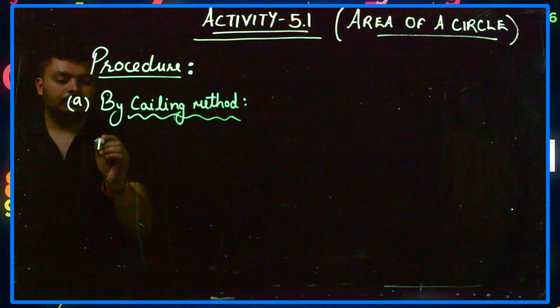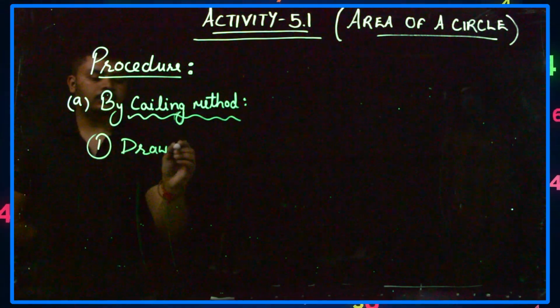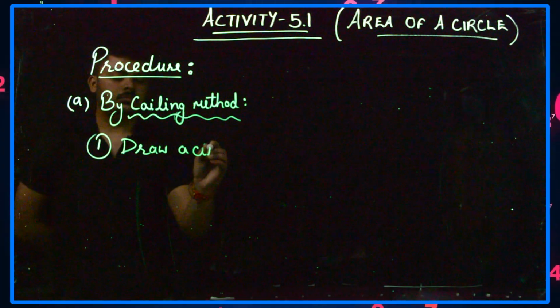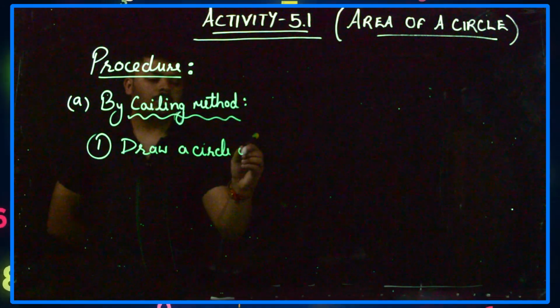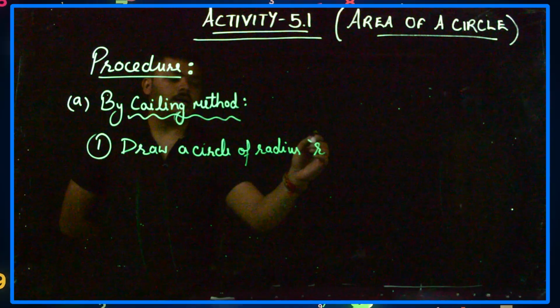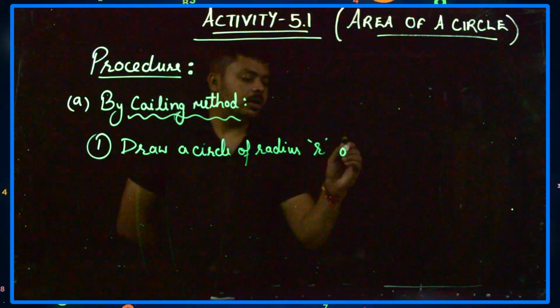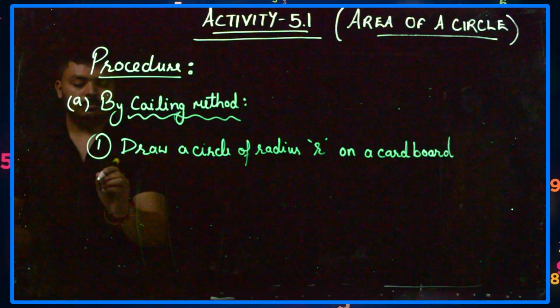Step 1. Draw a circle of radius r on a cardboard. Step 2.